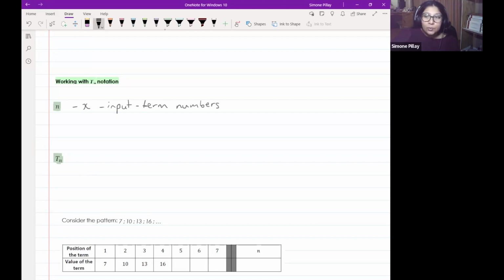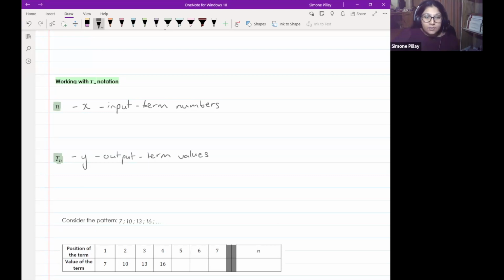Okay. And then we have Tn. So what was Tn? We know Tn as Y. So my Y values, instead of calling them Y now, we call them Tn. And we know that Y is my outputs. And what do my outputs represent? My outputs represent my term values.